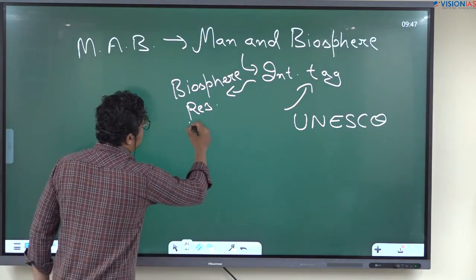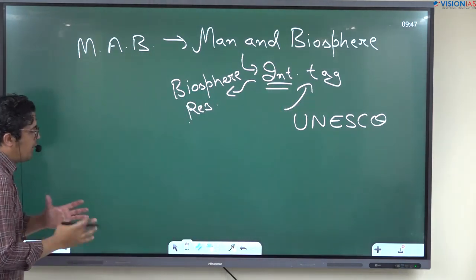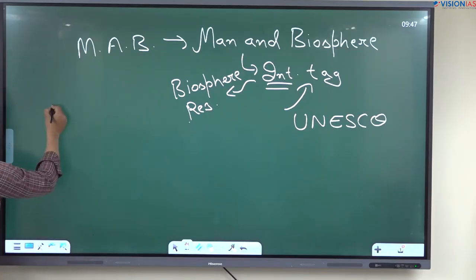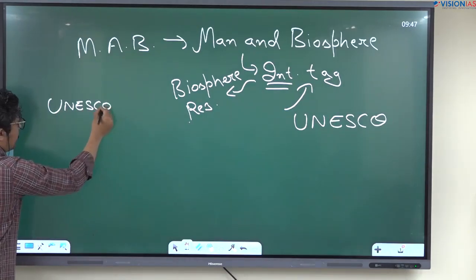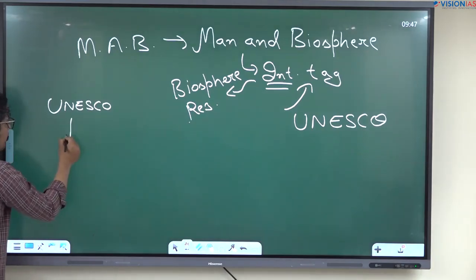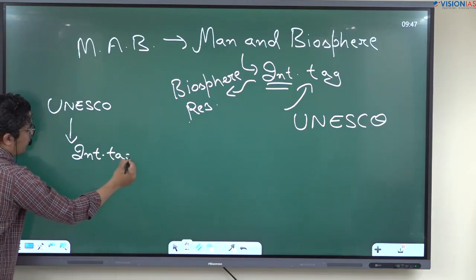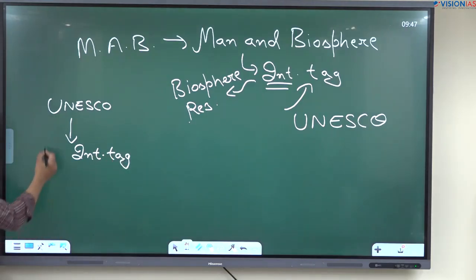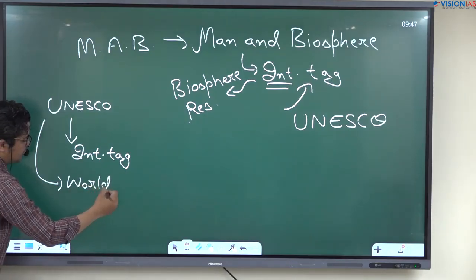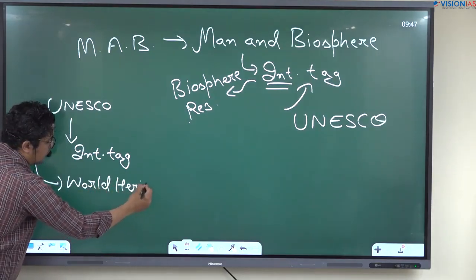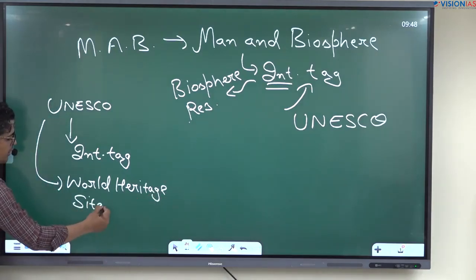Just understand the importance of an international tag. Apply our relation. See, UNESCO comes under the UN. They give international tags. For example, UNESCO gives the international tag of World Heritage Sites.